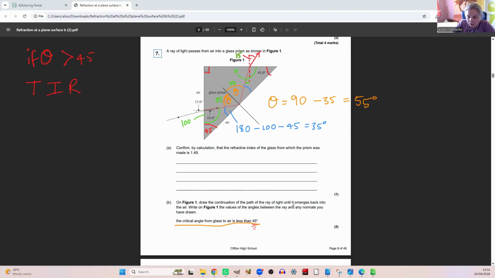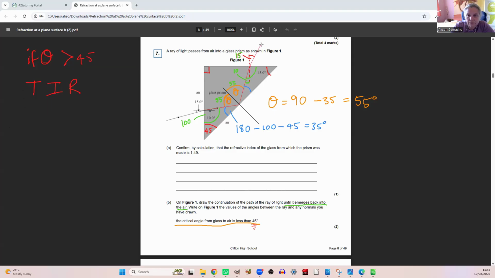And you have to carry it on until it emerges back into the air. So you have to draw all of it. Okay? Right, so I really ought to make that red one a bit thinner and straight. Like that.